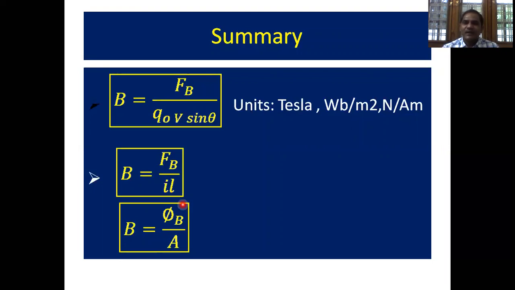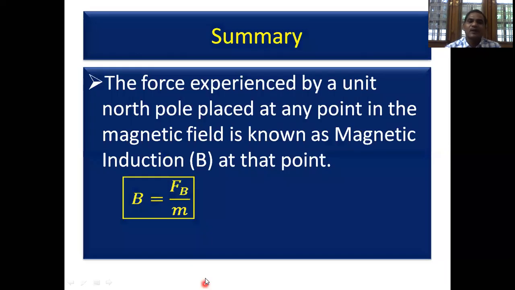In terms of magnetic lines of force, B equals flux density, that is magnetic flux by area. And we also defined B in terms of F_B by m, that is the force experienced by a unit north pole placed in the magnetic field.